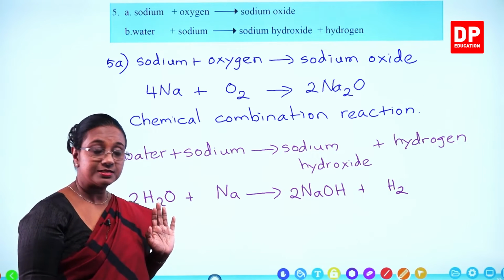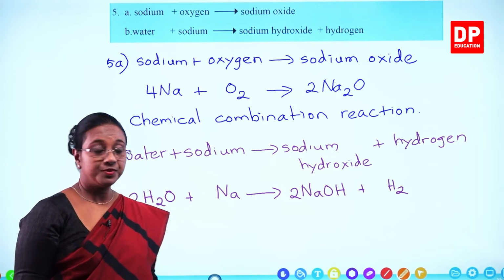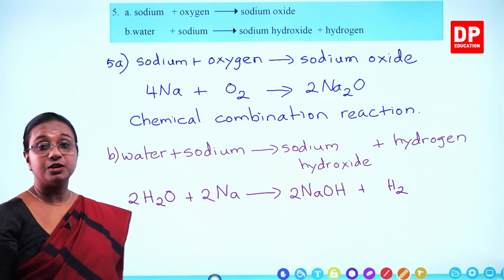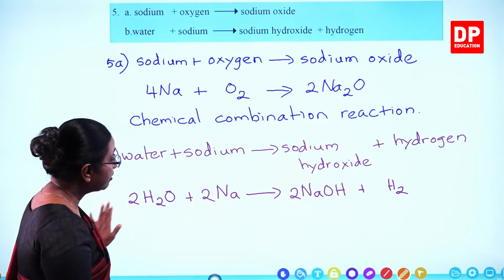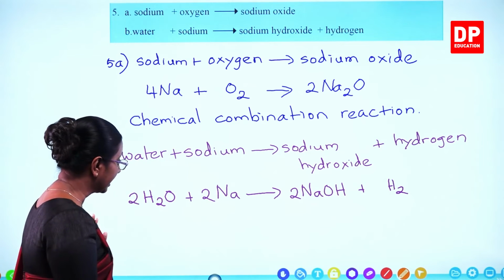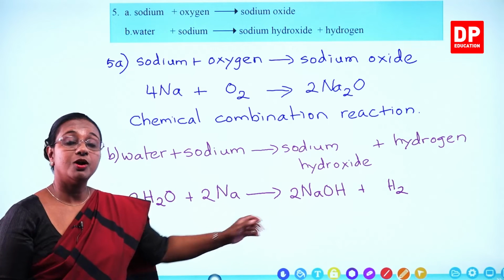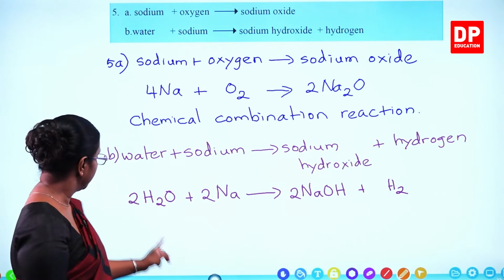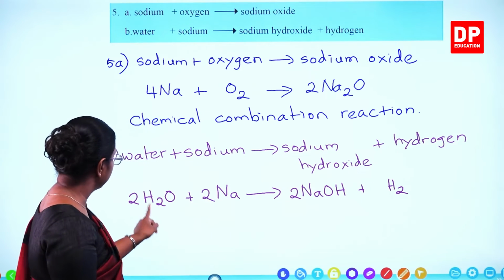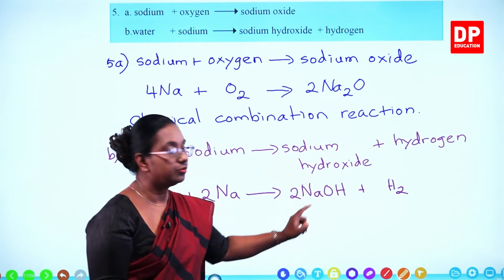That is also balanced. You have 1 sodium here, 2 sodium atoms there. So you have to write 2 in front of sodium. So now of course all the atoms of each of the elements on the reactant side are equal to the atoms of each element on the product side. 4 hydrogens, 4 hydrogens. 2 oxygens, 2 oxygens. 2 sodium, 2 sodium.